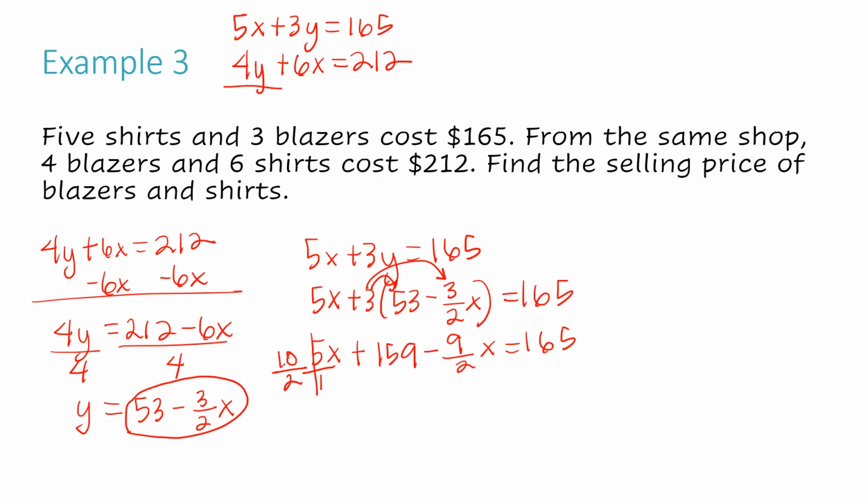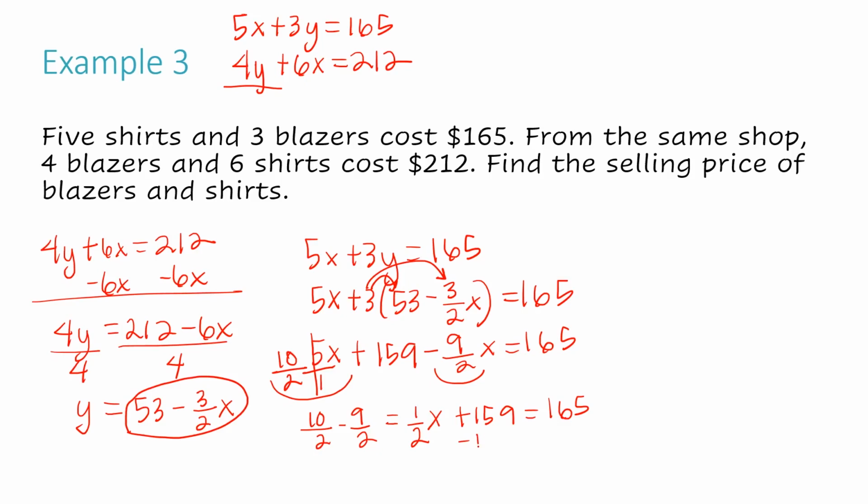So now I have basically the problem 10 over 2 minus 9 over 2, because I'm trying to combine this part with this part, okay? And I'm left with 1 over 2, okay? So I have 1 over 2x plus 159, which equals 165.